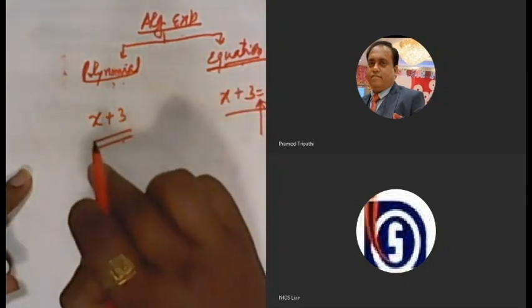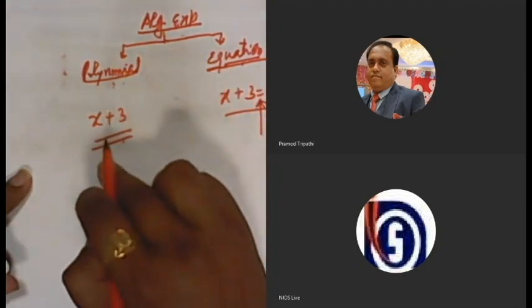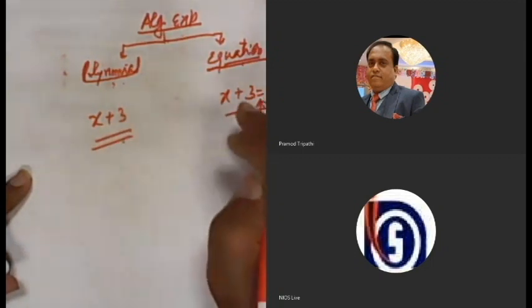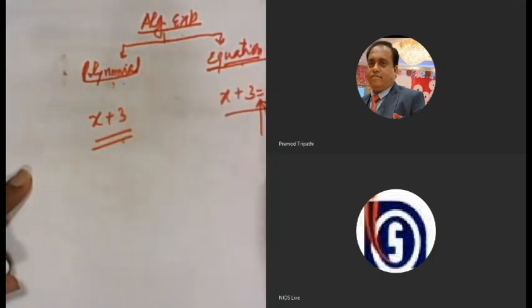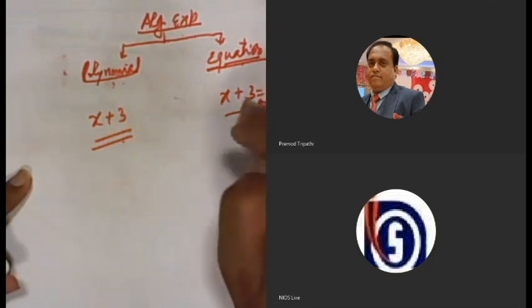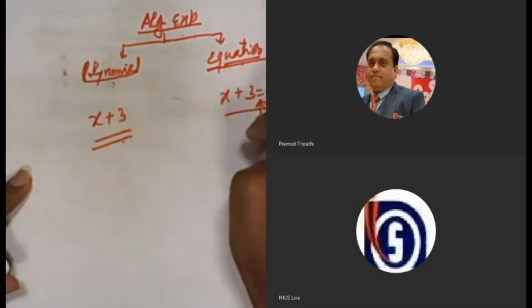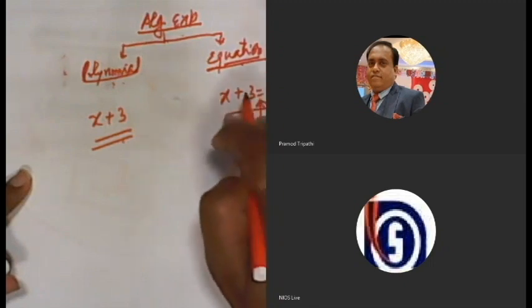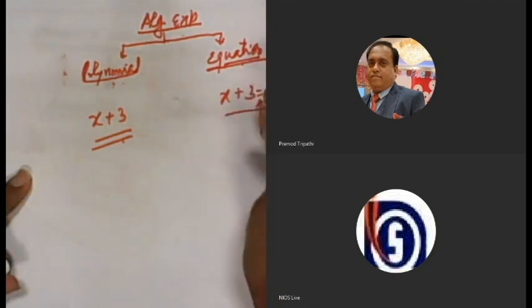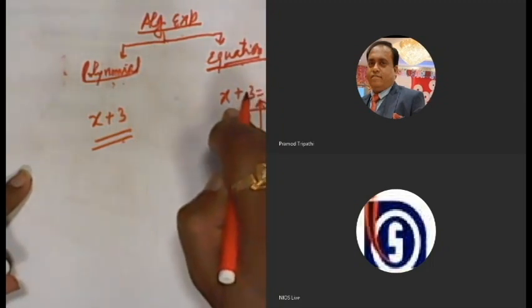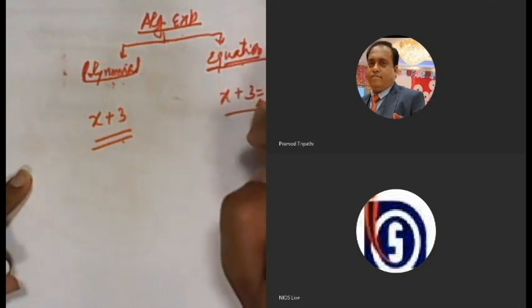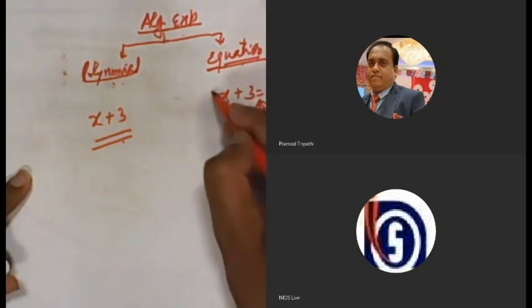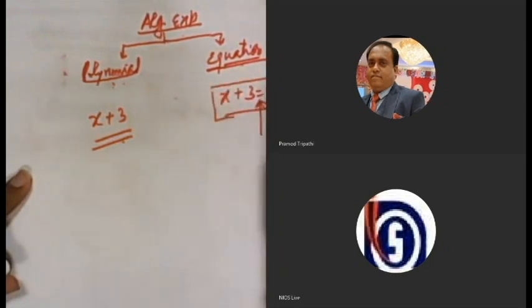The polynomial does not have the sign of equality or the sign of inequality here. But in the case of equation, there is a sign of equality here. This is a condition between the variable and constant here. So the equation is a condition between the variable and constant, and it has the sign of equality here. When two polynomials have some condition or the sign of equality in between, then it becomes the equation.